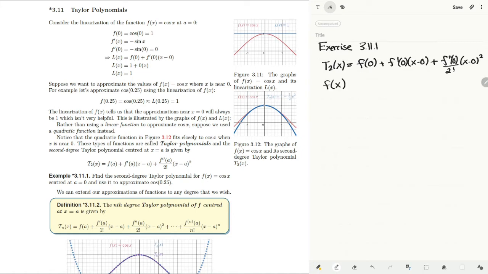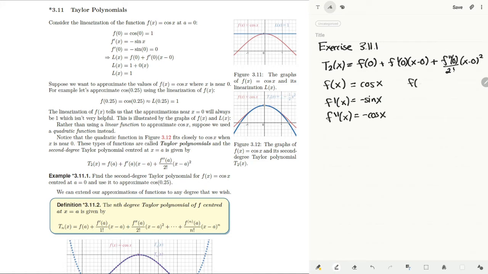So what we need is to determine f of 0, f prime of 0, and f double prime of 0. For the cosine function, we know that its first derivative is negative sine, and the second derivative is negative cosine.